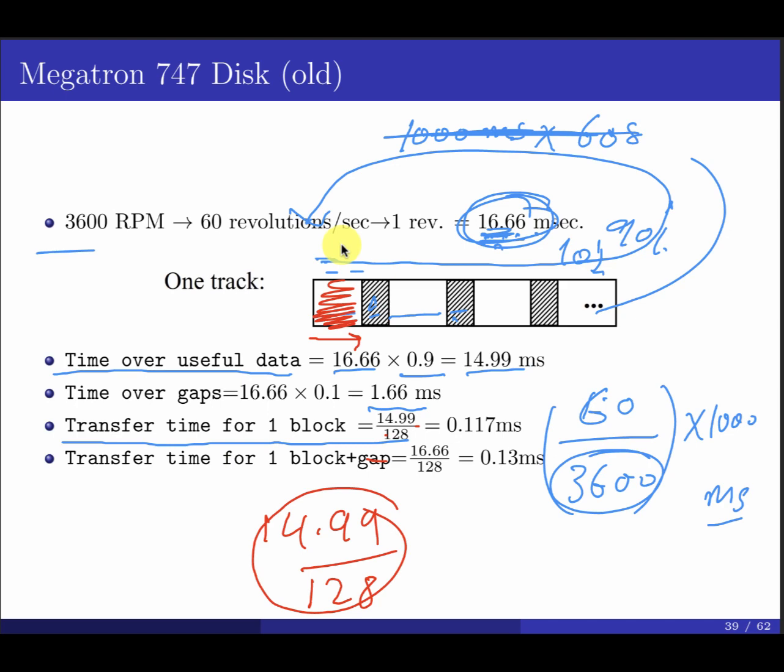I don't need to include the gap here, because one block is going to be one sector, I need only useful data. Or someone is going to say, okay, I can use 16.66 divided by 128, and then I need to use 90%, because 90% is going to be useful data and 10% is going to be unuseful data. It's going to give me the same number. Clear, guys?